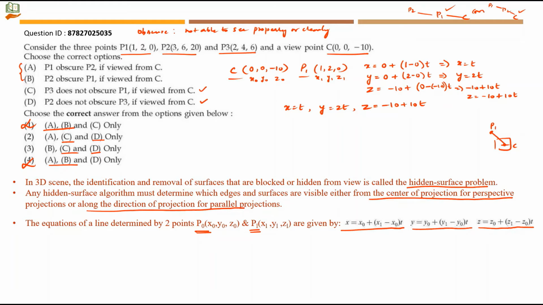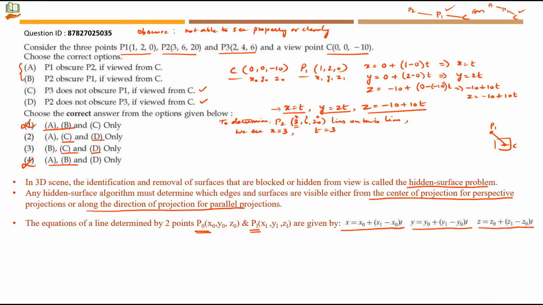Now let's go for point 2, to determine P2 (3, 6, 20) lies on this line. Which line? From C to P1. We see x is equal to 3 here. x, y, z is given. From this we can find t. So t is equal to 3.